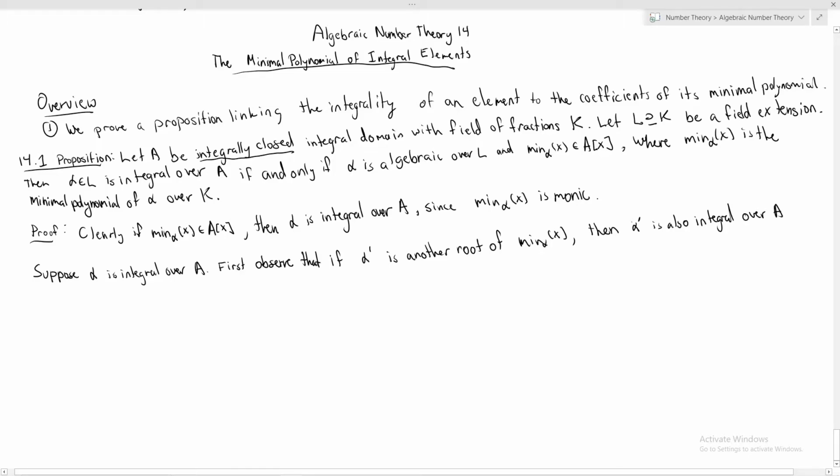I'm worried that maybe I'm missing some hypothesis. I guess it's not going to hurt if I assume L is finite. Do I need this though? Okay, let's keep working and see if I actually end up using that. So let's say I claim this.